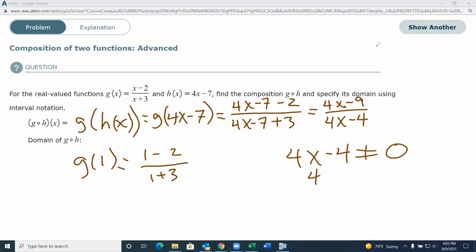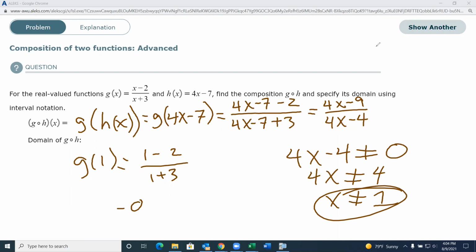So if I add 4 and divide by 4, I get a domain of everything's okay except 1. So negative infinity to 1, and then 1 to infinity. And that would be the domain.